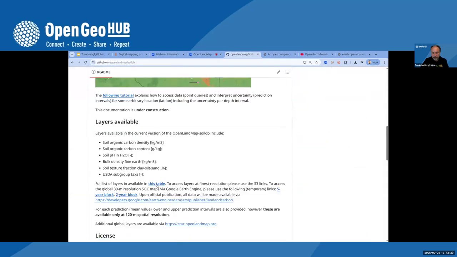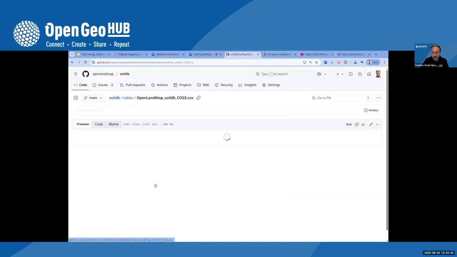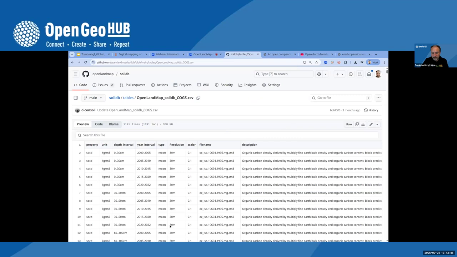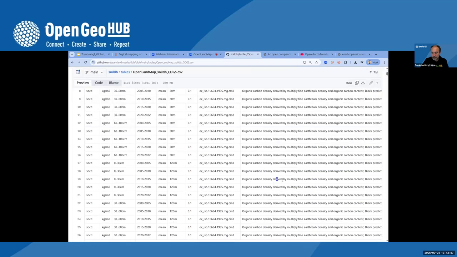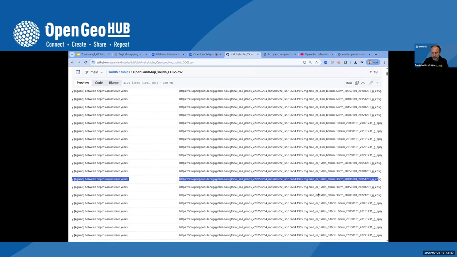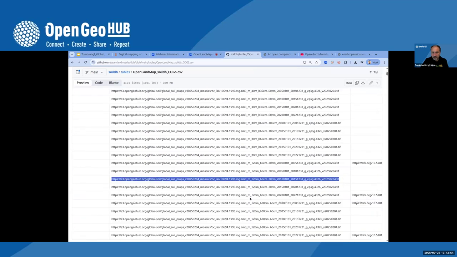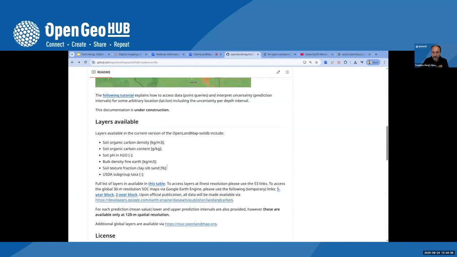The easiest thing is to open this table and then pick a layer if you're interested, and then you can just drag and drop that layer. So here's a URL. You can drag and drop it into QGIS. This way you don't have to download, because I think layers are usually about 120 or 140 gigabytes. That's not so easy to work with. So I will not download everything, but you can just drag and drop.